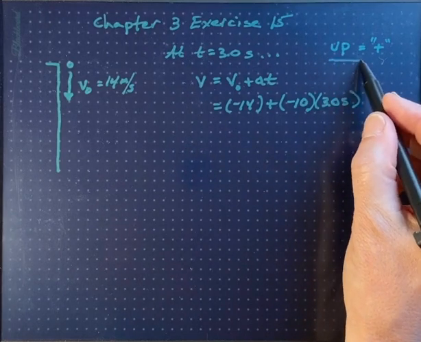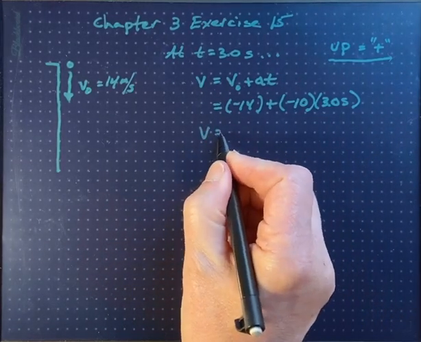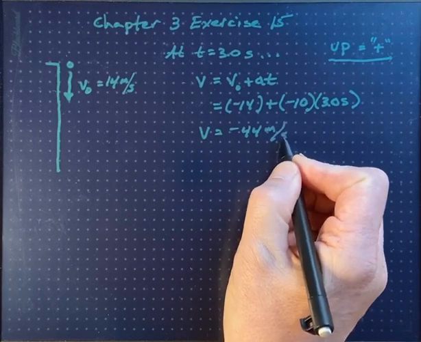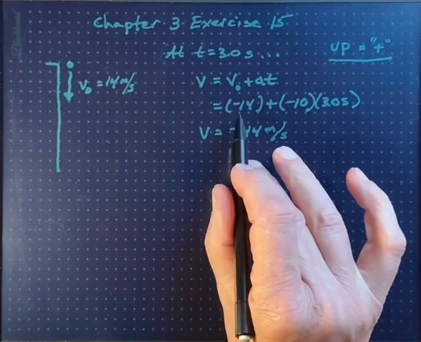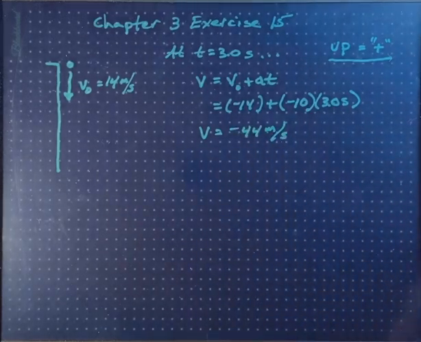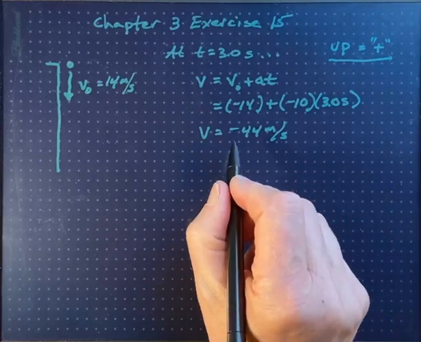I chose up to be plus, and when you multiply this out, you end up getting a velocity which is equal to minus 44 meters per second. Okay, you got 14 here, and then 10 times 3 is 30. So 30 plus 14 is 44, but it's negative, down. So what does this minus sign mean?